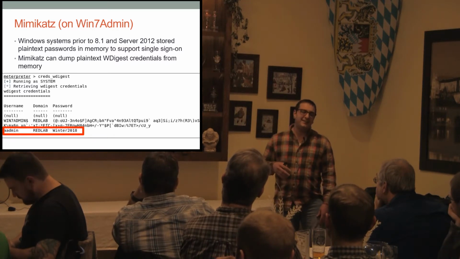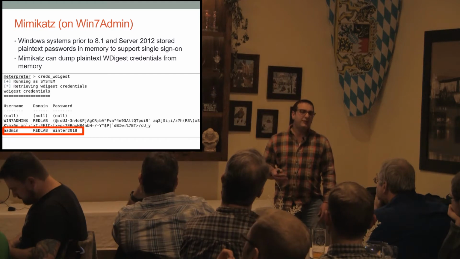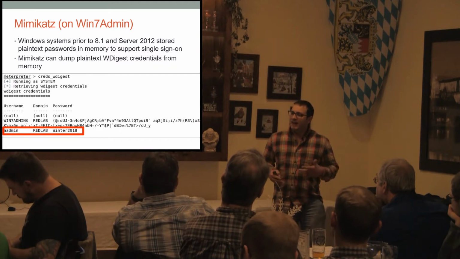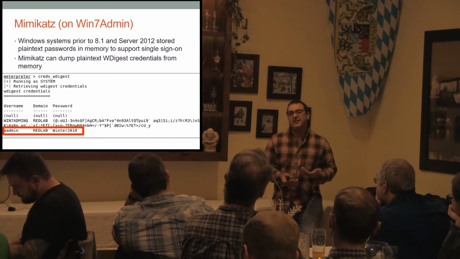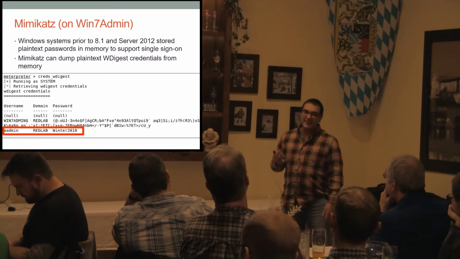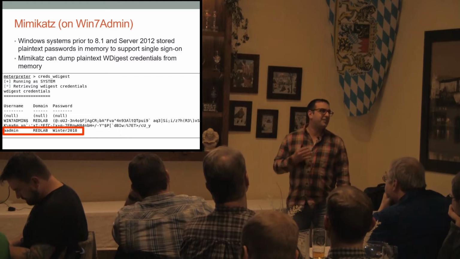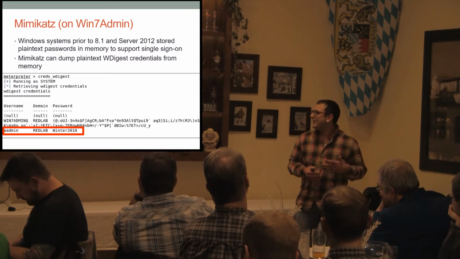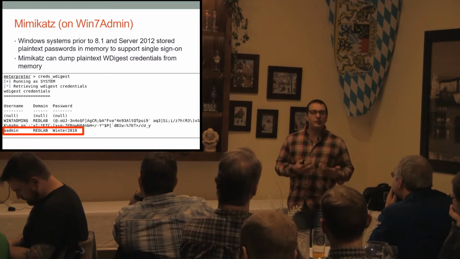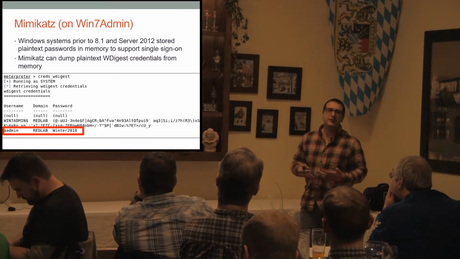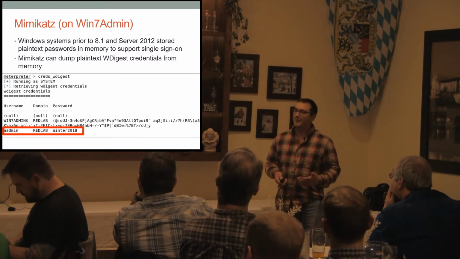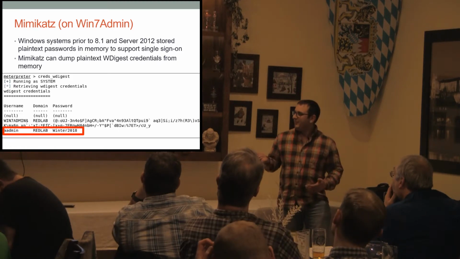So what Mimikatz did, Mimikatz is a tool that would scrape through memory and pull out those credentials, right? So as an attacker, you no longer have to figure out how to crack those hashes or how to deobfuscate them, because you have the credentials, the plain text creds, and you can do what you will with them. It's a real nice time saver from an attack standpoint, right?